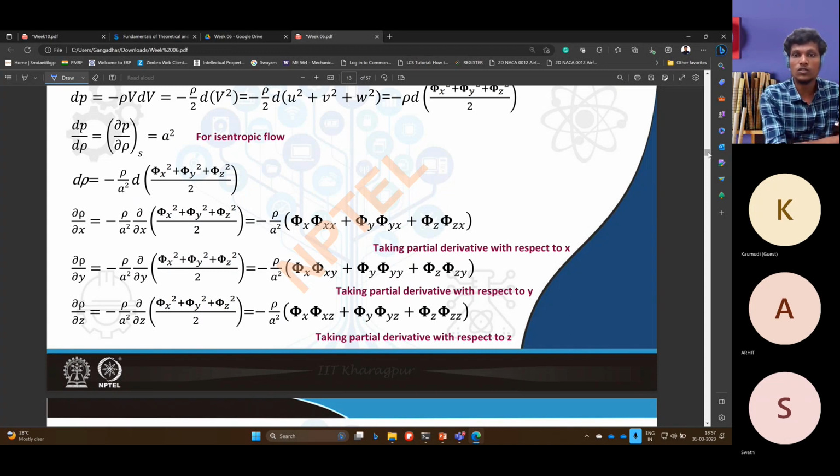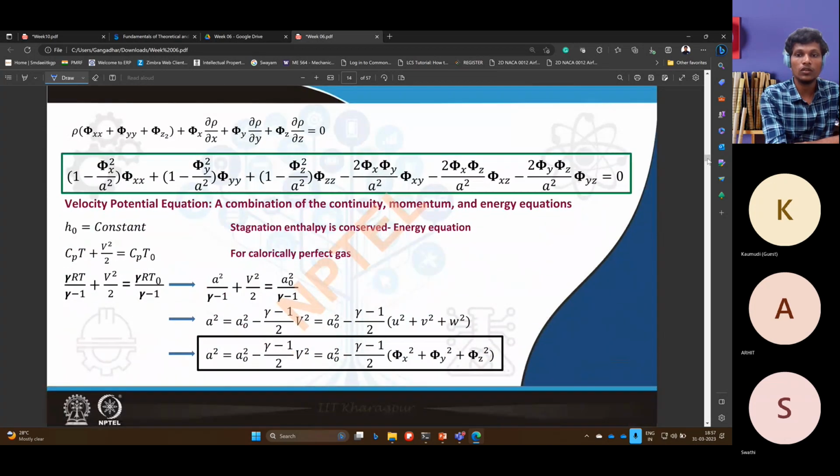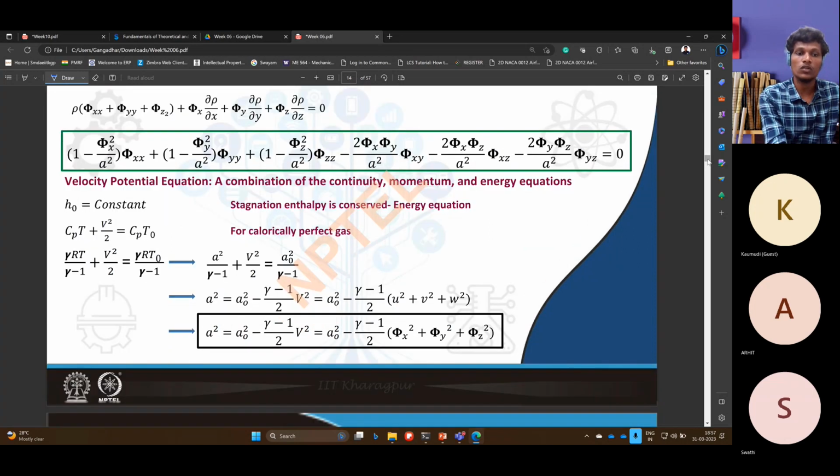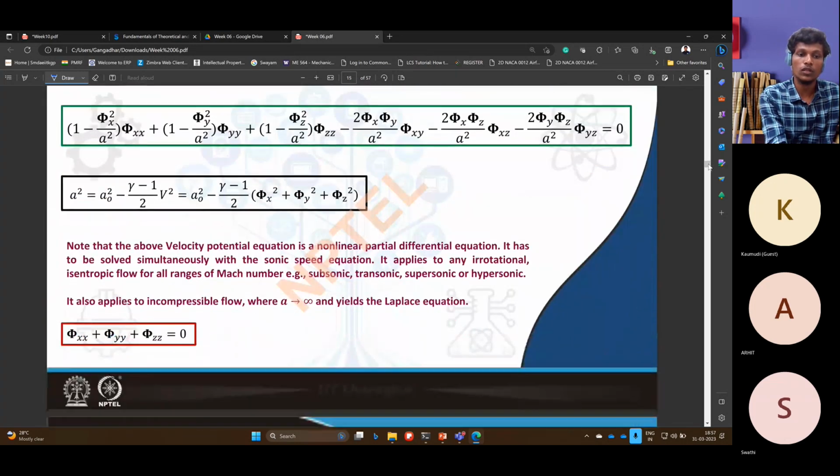The best example is this velocity potential equation. I think we already discussed in this lecture how, if we remove some particular terms, it can be easily transformed to the velocity potential equation for subsonic flows. This is the Laplace equation. In this lecture we started with the velocity potential equation derived using the assumptions of a compressible flow.